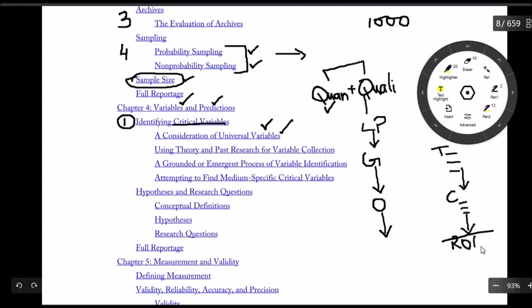Once you have achieved these two things, you go ahead and come up with the ROL, so that you are able to see various gaps, number one. Number two, you are also able to understand and see the relationships between the identified variables. Now this is very important.